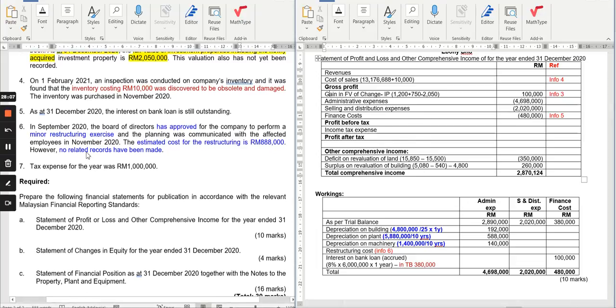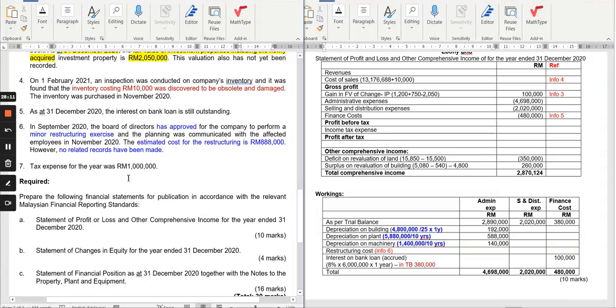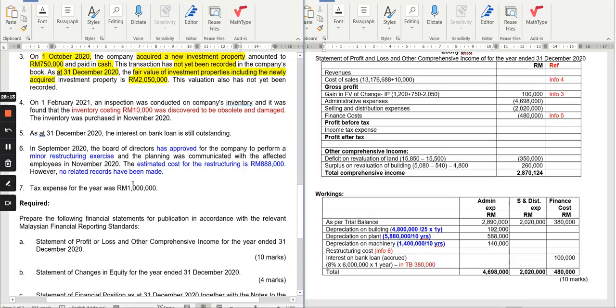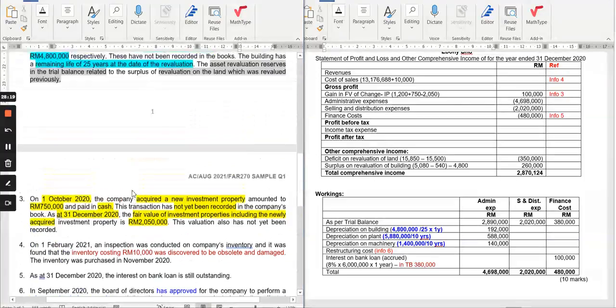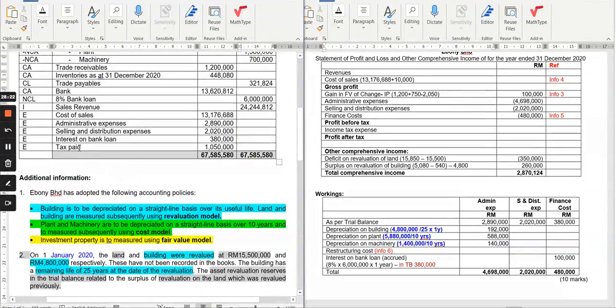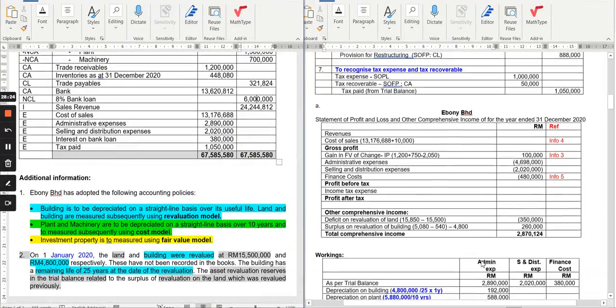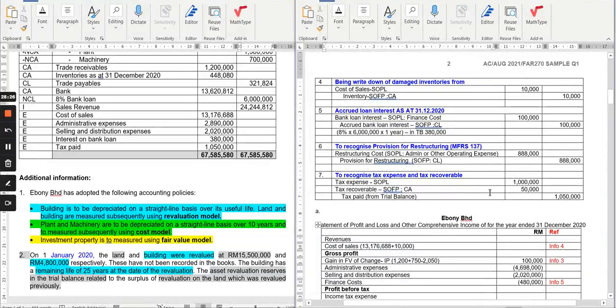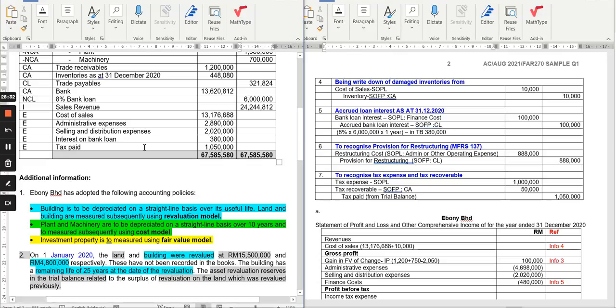Right. Next, we go on to number 7, tax expense. This is informing you the tax expense charged in the SOPL is 1 million. And you need to go and check whether there is a tax recoverable or tax payable. So if you check, debit tax expense in the SOPL 1 million, there was a tax paid earlier, so it was a debit balance.